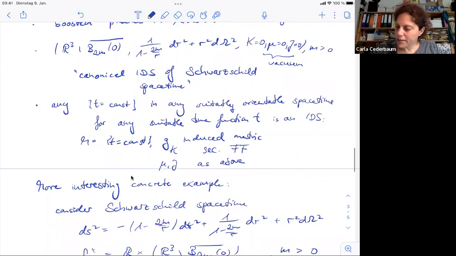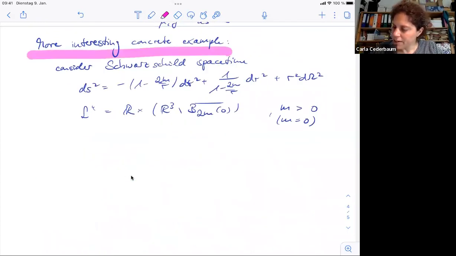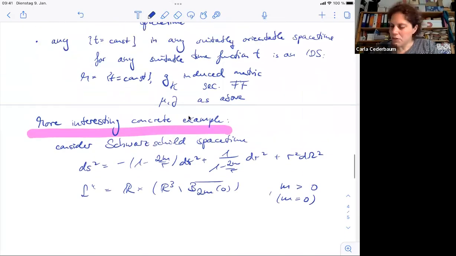Okay, so let's get back to our more interesting concrete example. Now there's a follow-up question. What are delta and B_{2M}? So it's not JM, but 2M here, this index 2M, and also this is a 2M. And delta is the Euclidean metric.